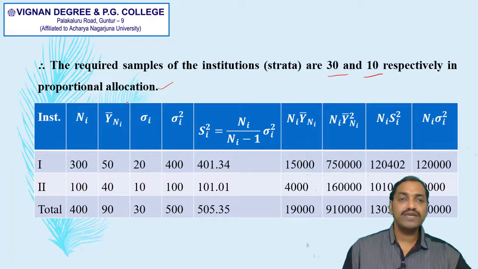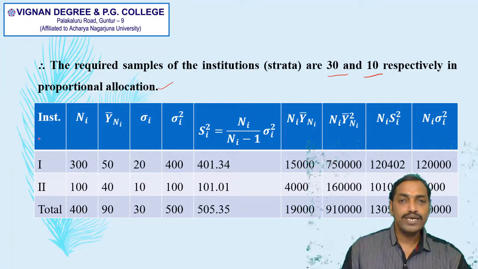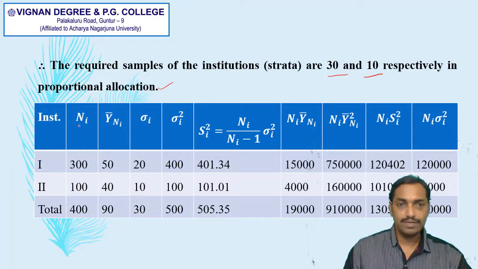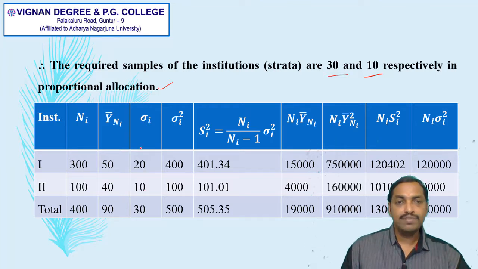Next, from the given data, we obtain all these quantities. So, first one, institution number 1 and 2. Capital Ni is nothing but 300 and 100, population size for each stratum, each institute. So, YNi bar, that means mean, that is 50, 40, and standard deviation is denoted by sigma i, that is 20, 10. Up to this, information is given in the problem.